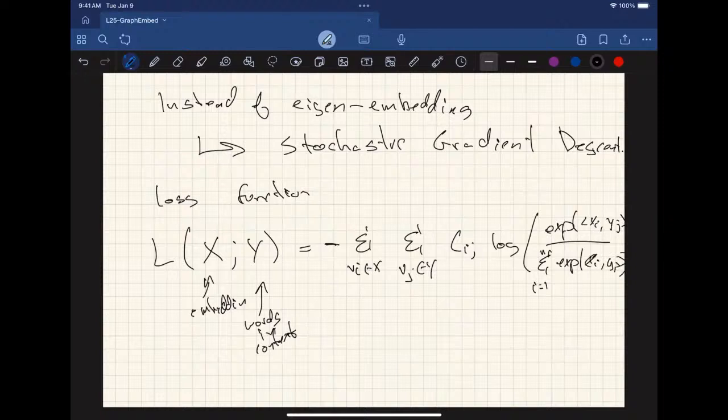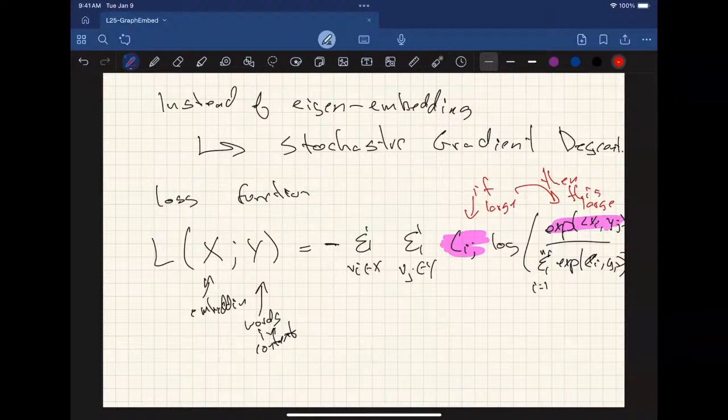Okay, so this form, like perplexity or whatever, this kind of cost function, you want the dot products of X and Y to be large if Cij is. So basically if this is large, then I want to be maximizing that, but I actually want to minimize a loss function.